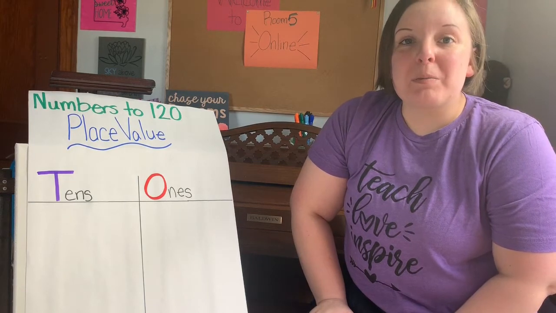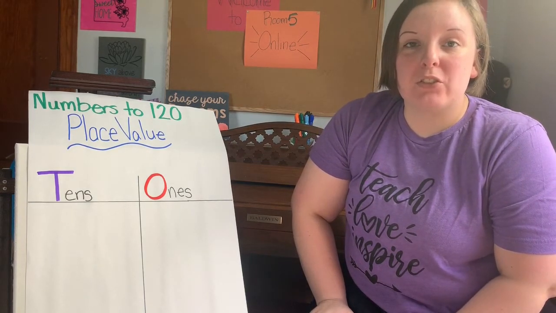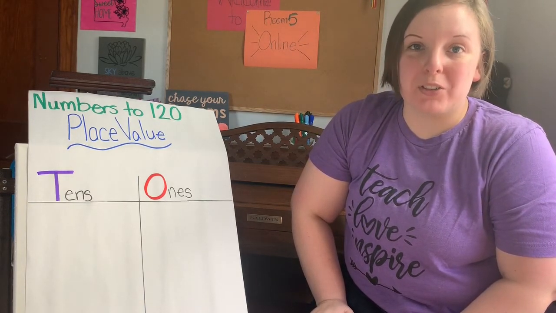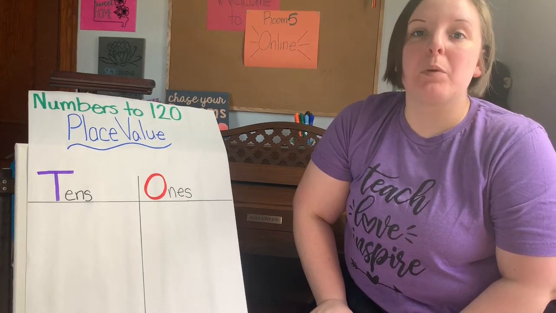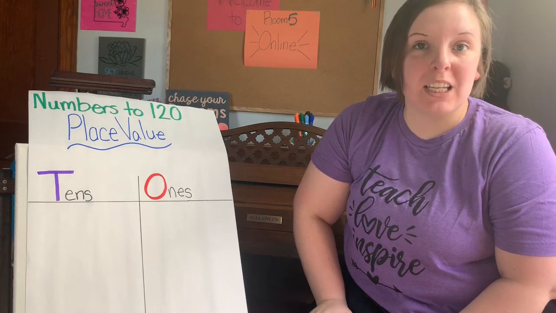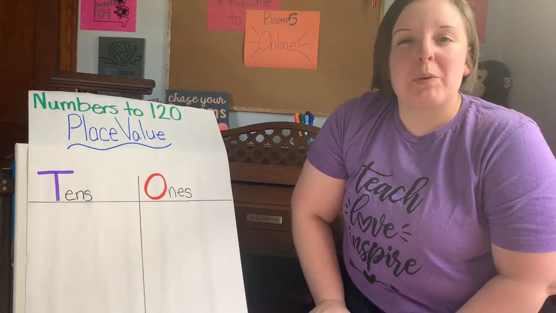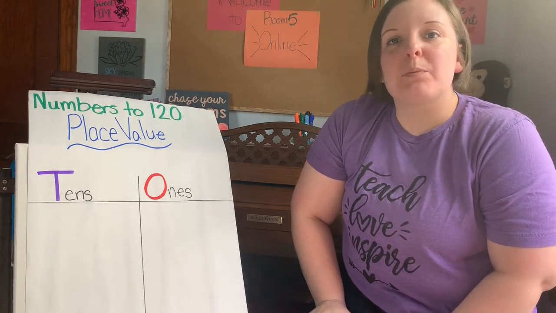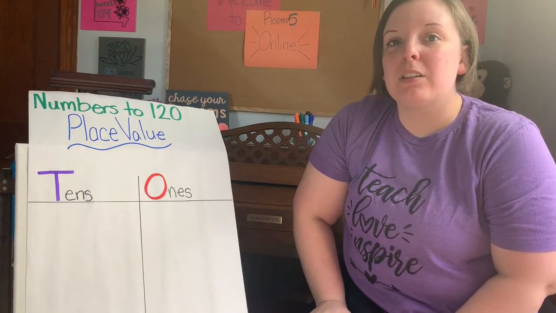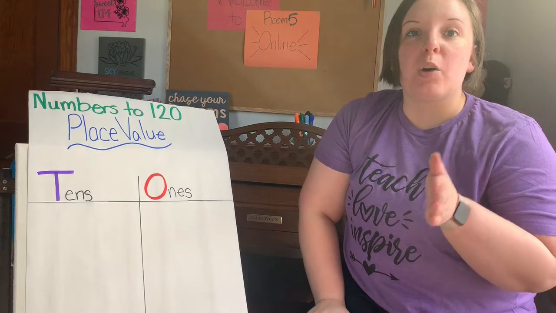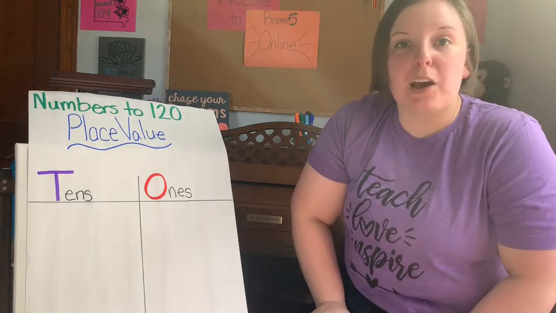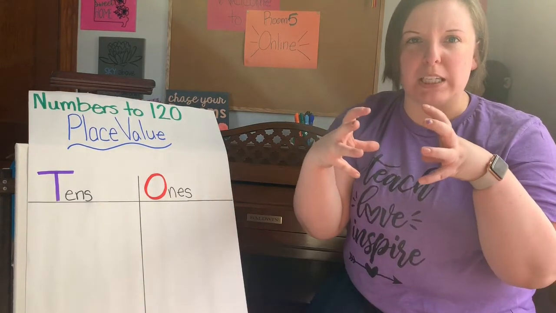So my friends, remember that when we are sketching out in our place value chart, we always want to do a couple of things. We want to make our sketches neat and organized. When we make our sketches neat, that means we want spaces in between all of our sketches, so that we can tell how many tens and how many ones we have, and they're not all crumpled together.